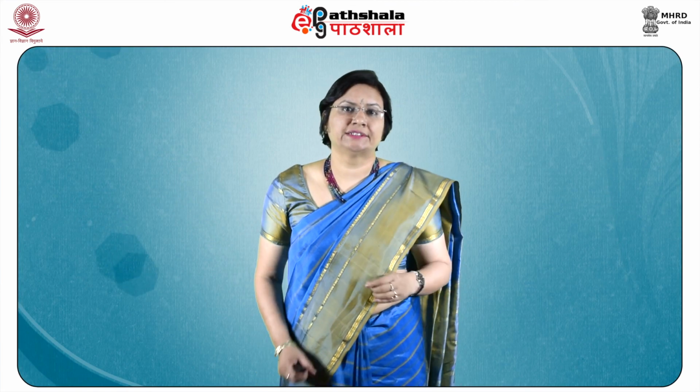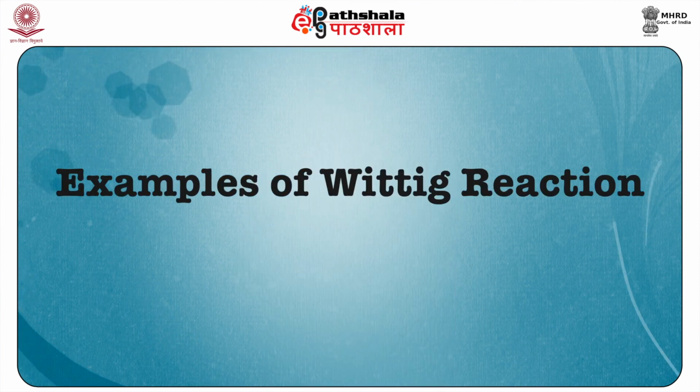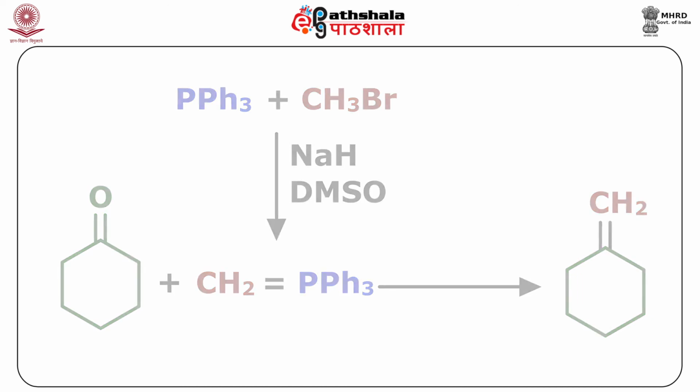So, after understanding about Wittig reaction, let us look at some examples of the Wittig reaction. First example you can consider as shown here, cyclohexanone reacting with this particular ylide, which in turn is prepared from triphenyl phosphine and CH3Br in the presence of appropriate base, where NaH is the base used, and this will combine and you get this particular exocyclic double bond.